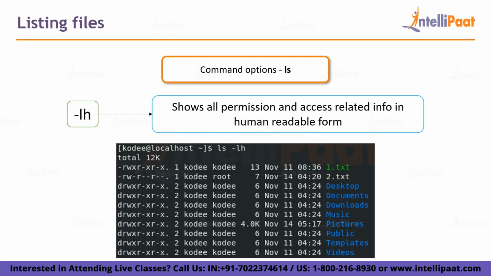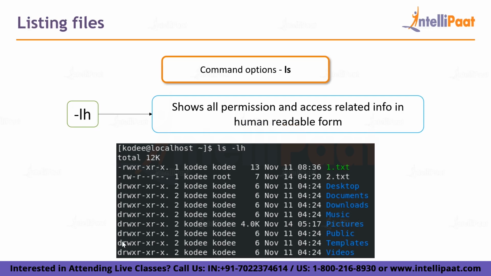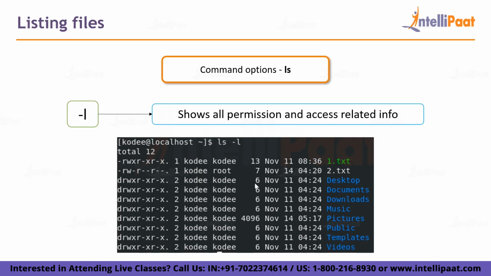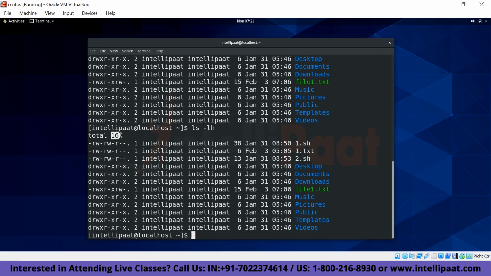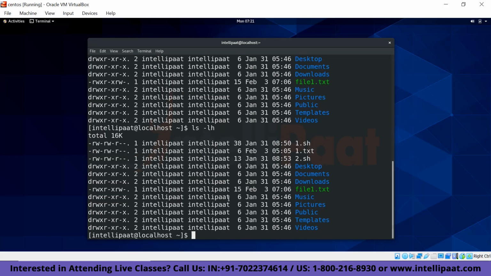But coming to the PPT, here I've downloaded some pictures. It was 4096 bytes, basically 4 KB. Once I've used the lh command, it has changed to 4K, that is 4 KB again, and here it became 12K, previously it was 12, and even here it shows 16K, here it was 16. That is the total size of this particular directory.